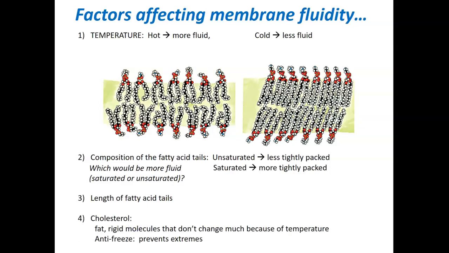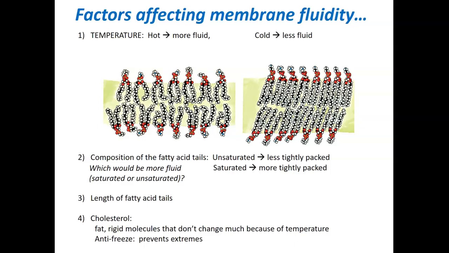And then lastly, I want to mention cholesterol. Because of the ring-like structure on cholesterol, it is known to be less prone to the temperature influences when you compare that to the fatty acid tails found in the phospholipids. So at really high temperatures, cholesterol is able to make the plasma membrane less fluid, whereas at really low temperatures, cholesterol is able to make the membrane more fluid and prevent freezing.